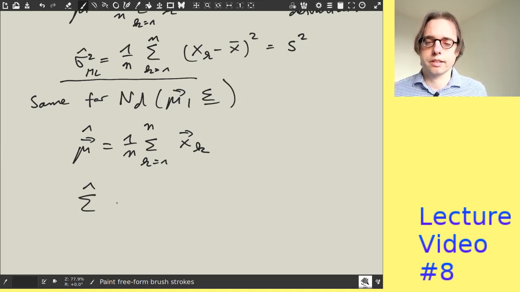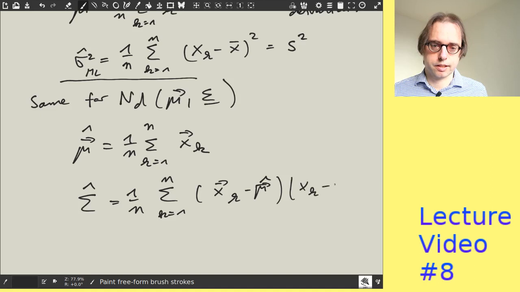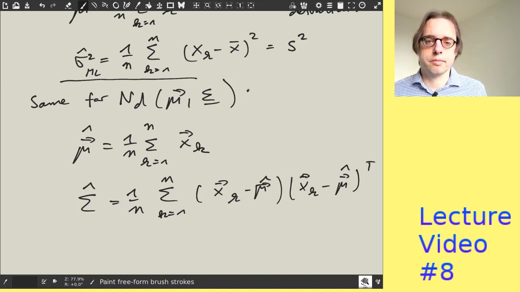So that is also 1 over n, and then we take the sum over k equals 1 to n, and it's only now it's vector, so xk minus mu hat vector times xk minus mu hat vector transpose. So that's exactly the same.